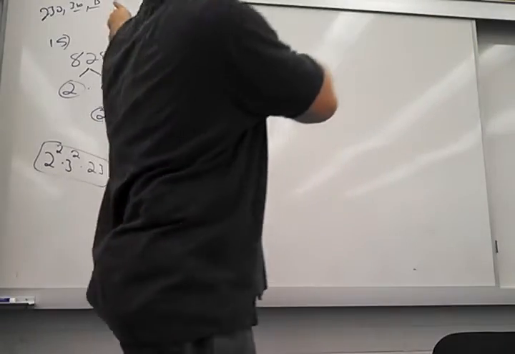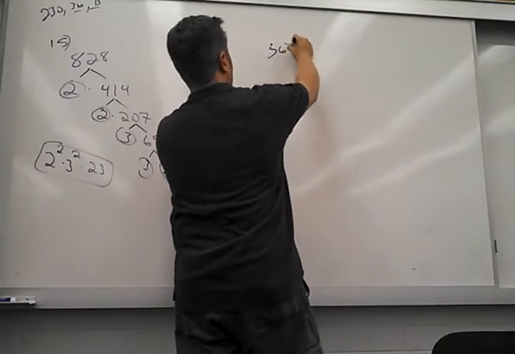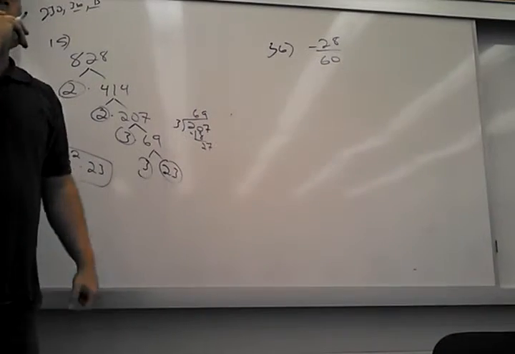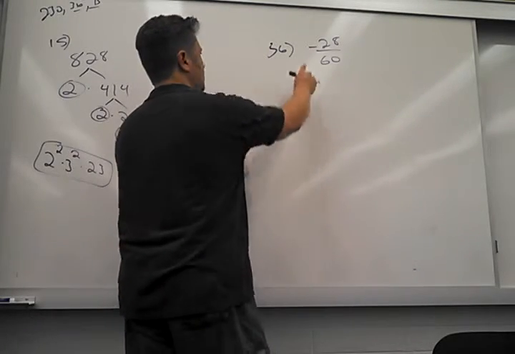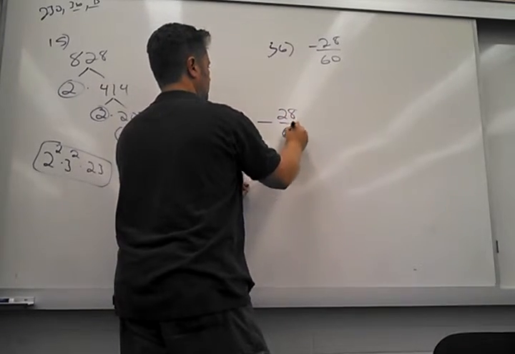Now, what about 36? So this one here? Ah, okay, I got you. So see how I didn't even think about it. You can either represent it like this.